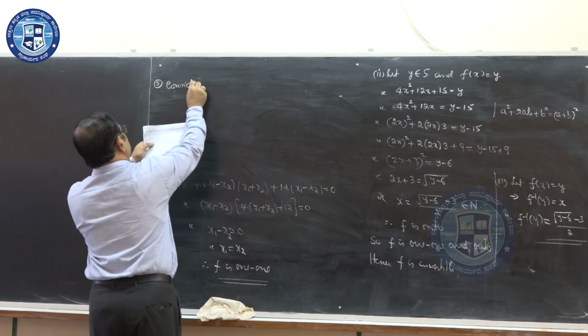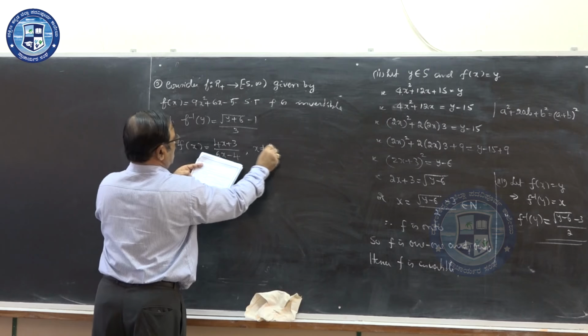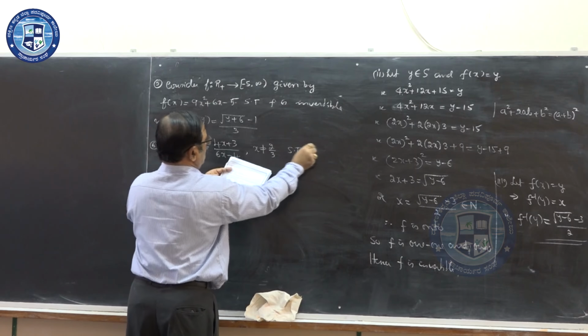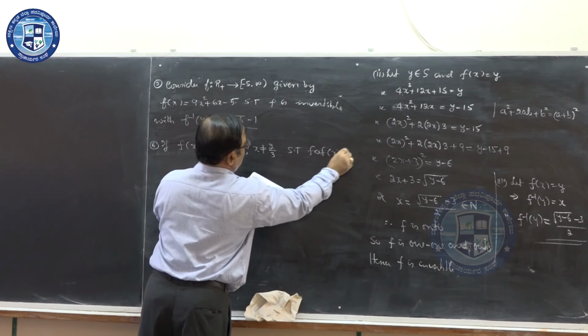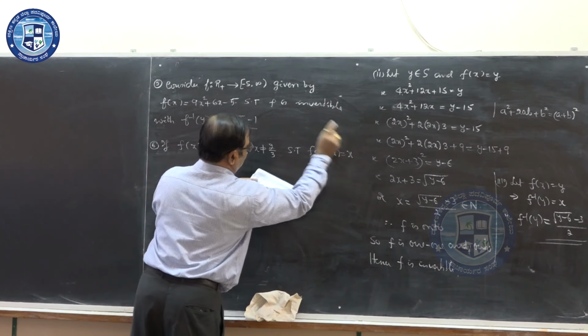See, if f of x is equal to 4x plus 3 by 6x minus 4, x not equal to 2 by 3, show that f composite f of x is x for all x not equal to 2 by 3.